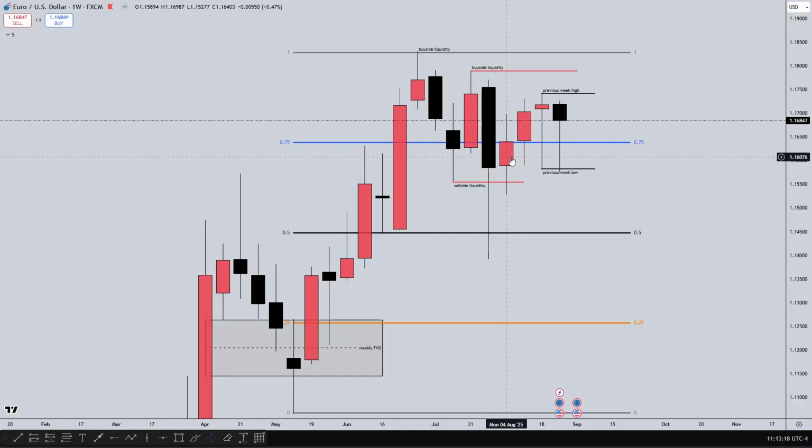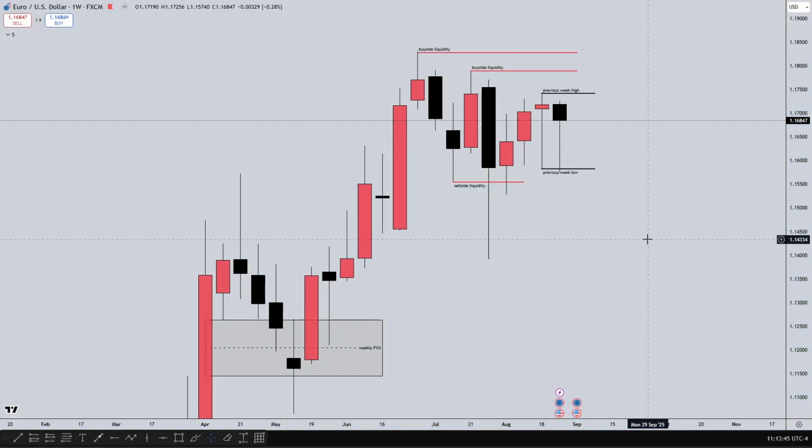And the next run on liquidity, where price already took out an internal liquidity, is to see price go for the buy side liquidity. As long as price is still gravitating higher, this is my bias for price to trade back to a premium price, take out the buy side liquidity, and go for this buy side liquidity.